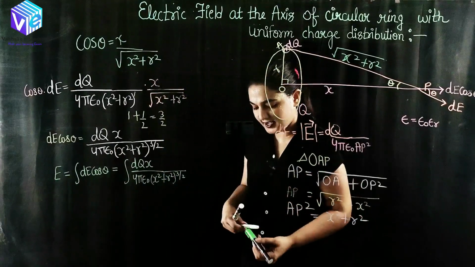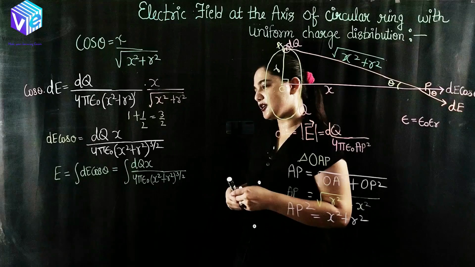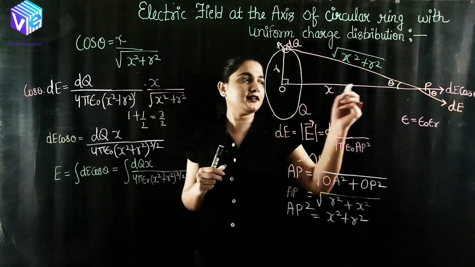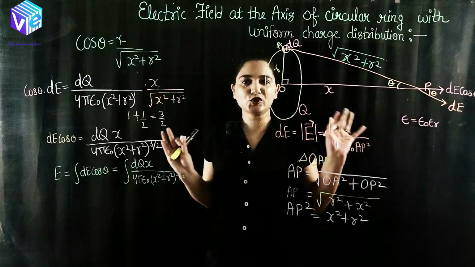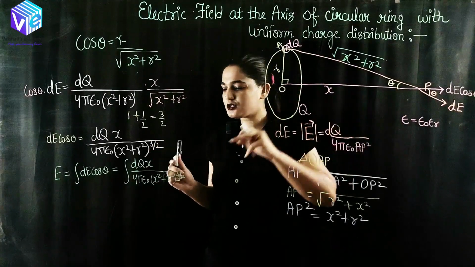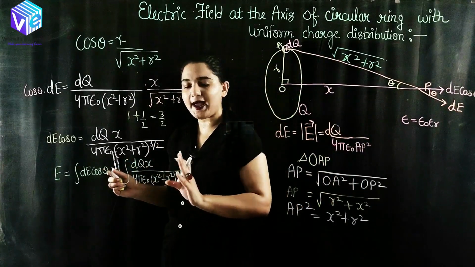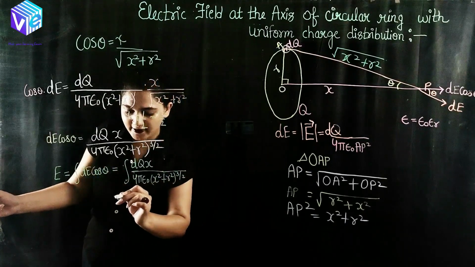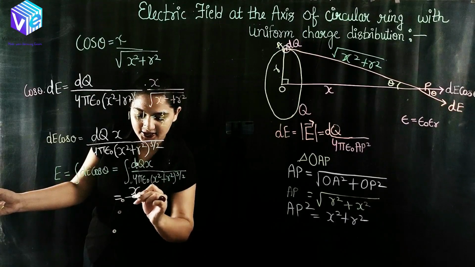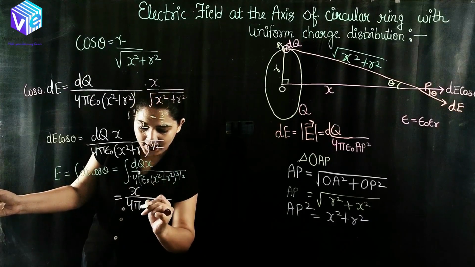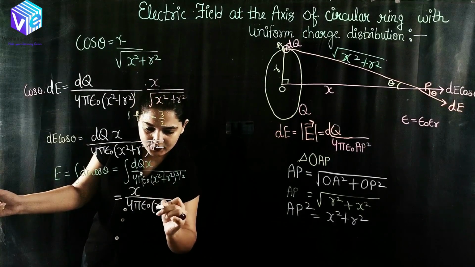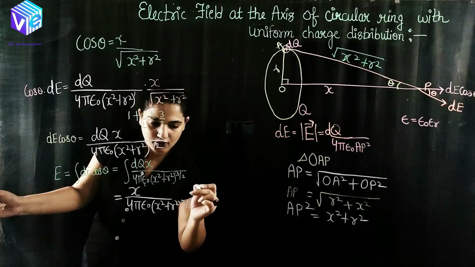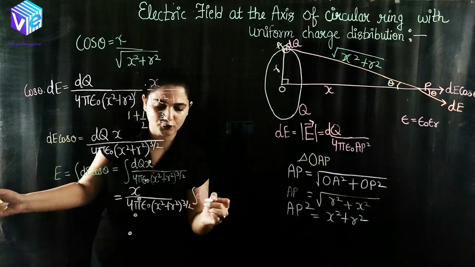Now here, what all things are constant? Here I can see x is a constant, the distance of O and P is not changing, this r is also a constant, 1 upon 4 pi epsilon naught is a constant. So I will be taking them outside the integration. So x upon 4 pi epsilon naught x square plus r square raised to power 3 by 2 times integration of dQ.